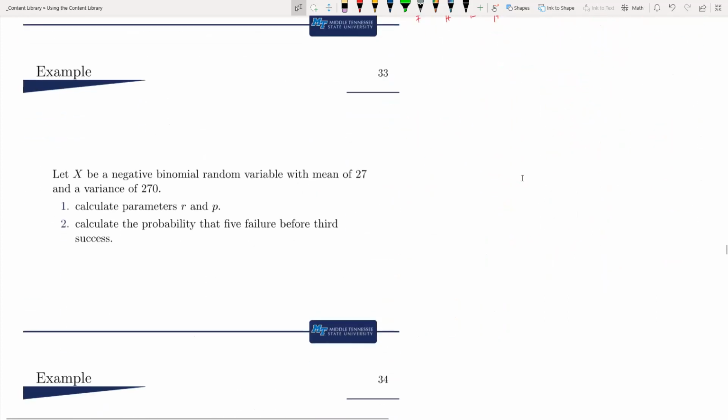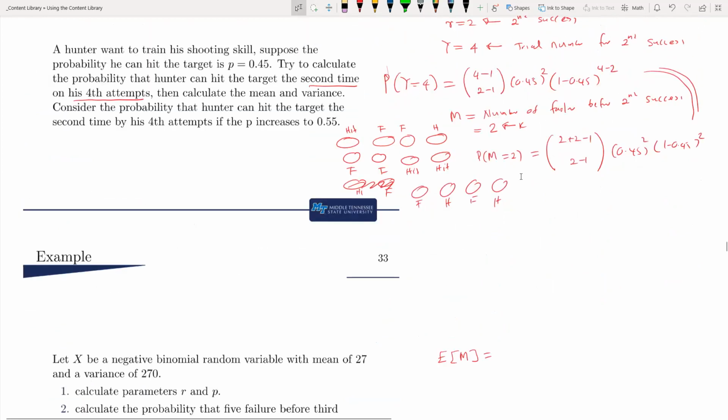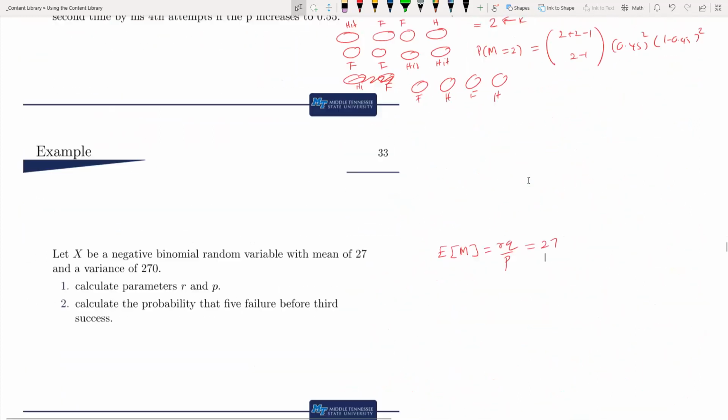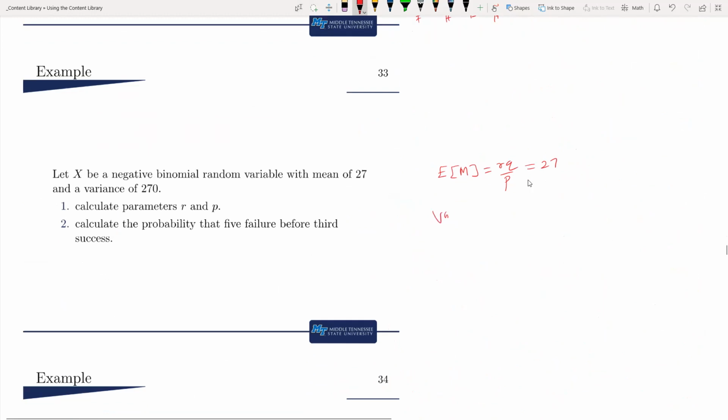Here is another question. It says X is negative binomial with mean 27. Right away you can write the formula: the mean is RQ over P, which is 27, and the variance is RQ over P squared, which is 270.